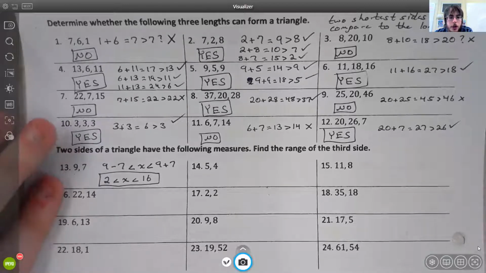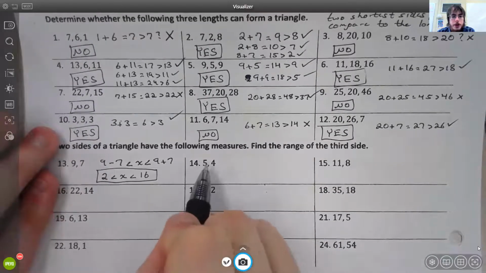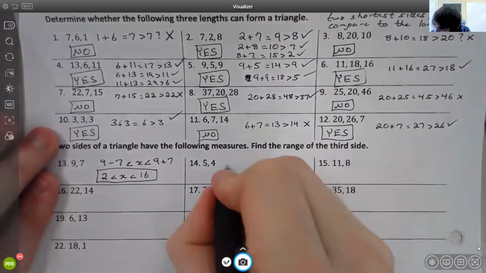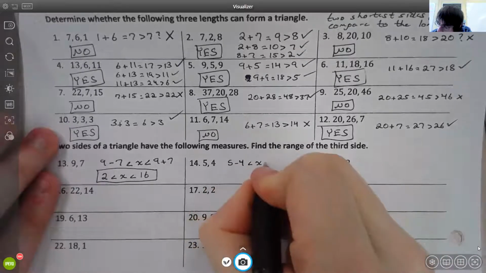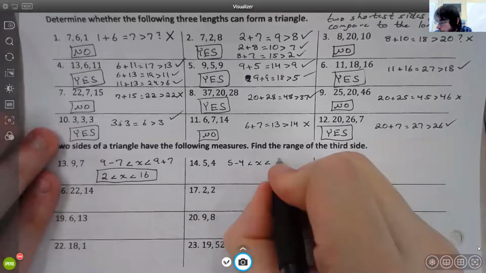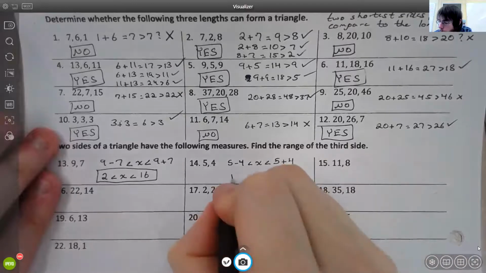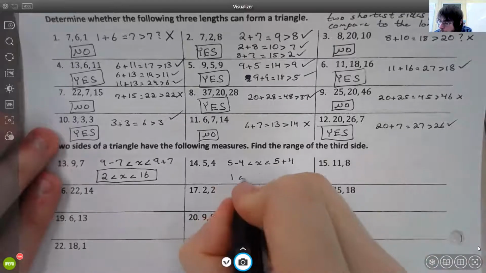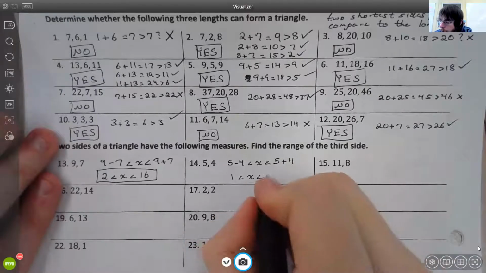Okay? Number 14, 5 and 4, we're going to take our largest and subtract our smallest. So 5 minus 4, less than X, less than, and then we take 5 and add 4. So 5 minus 4 gives us 1, less than x, less than 5 plus 4, which is 9.